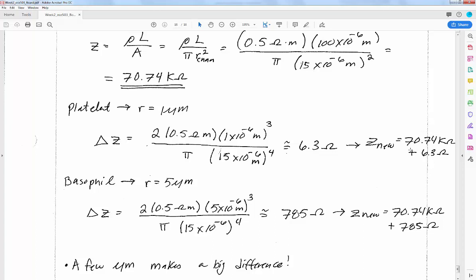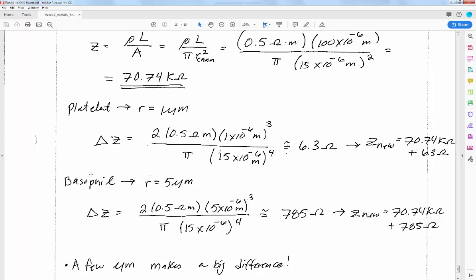That's quite a small change, and this goes back to why you should use a bridge to measure these impedance changes. Because this is such a large resistance, and to measure that small change in terms of a voltage, you want to use a bridge so you can zero out your base impedance.